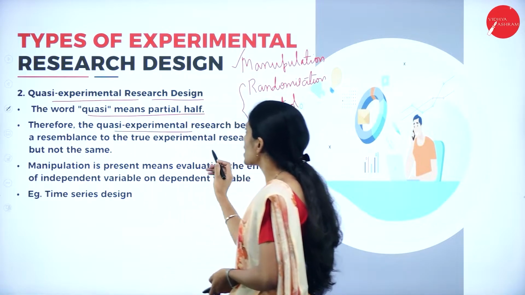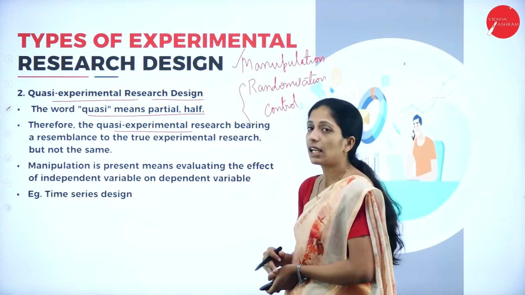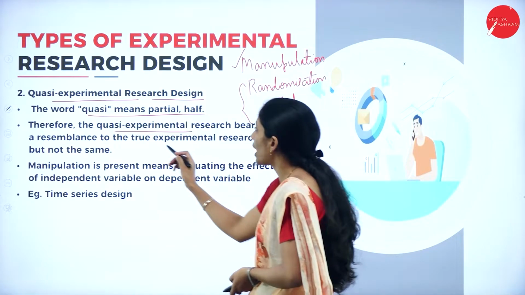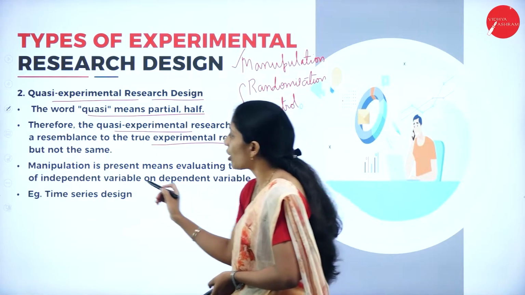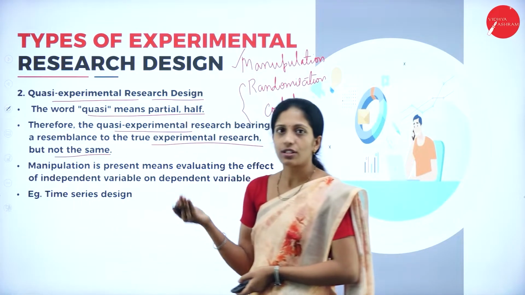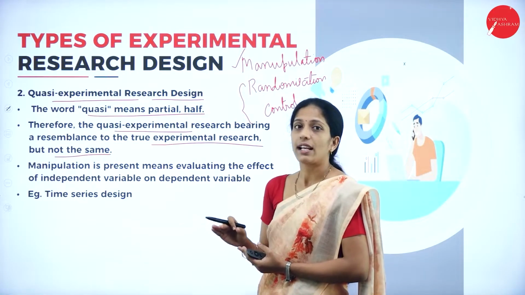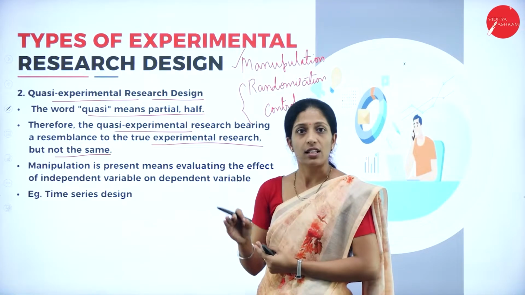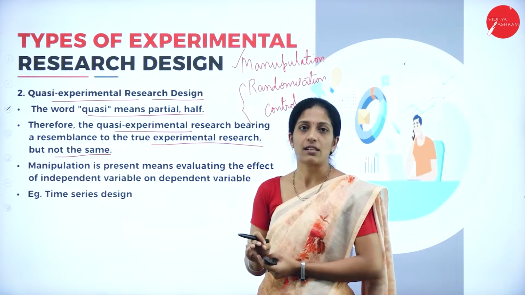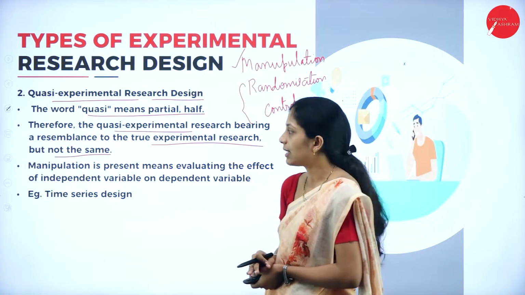Therefore, quasi-experimental research bears a resemblance to the true experimental research but is not the same. You are going to learn about the third aspect, that is true experimental research. They say that quasi-experimental research is similar to true experimental research but they are not one and the same.